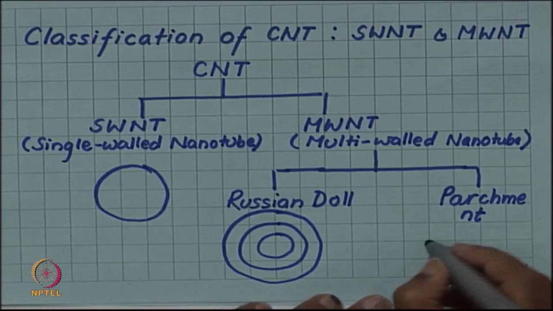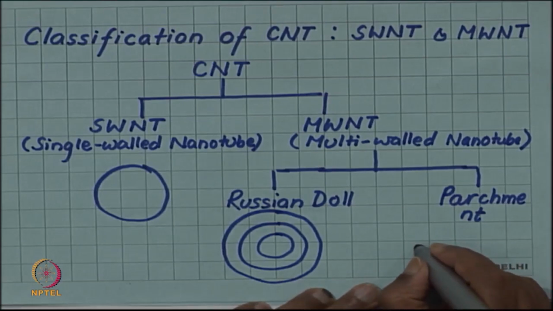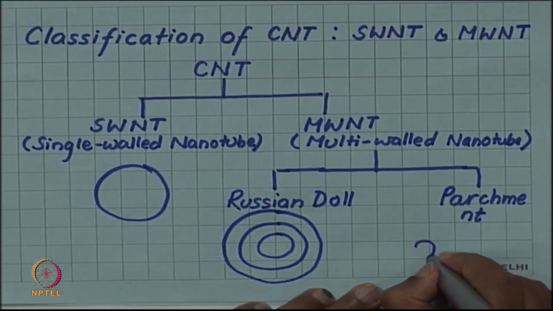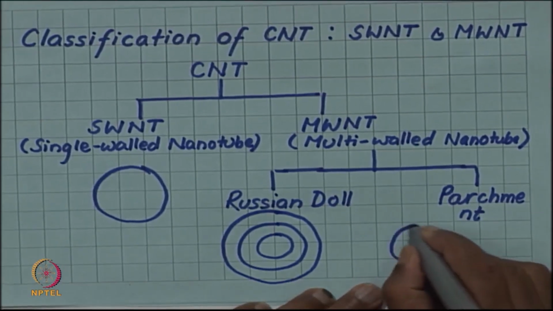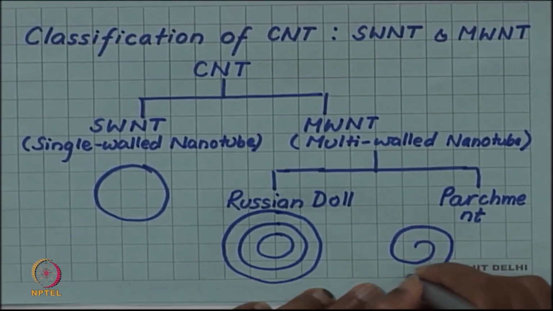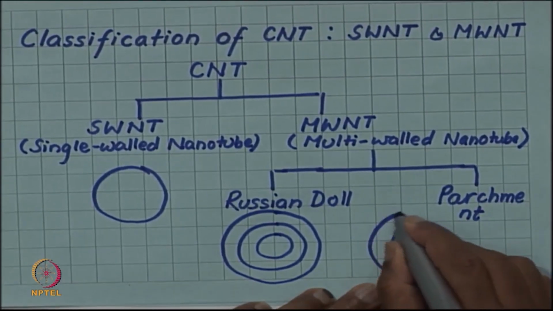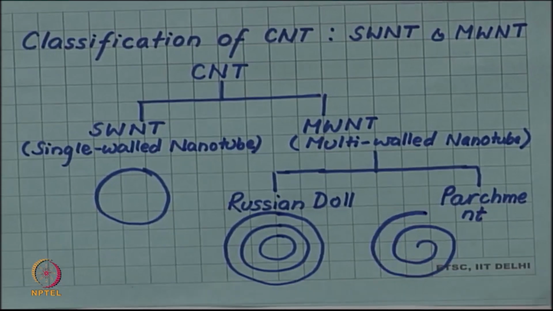In a parchment structure, there is actually a single graphene sheet, but it rolls itself like a parchment into a multi-walled tube.